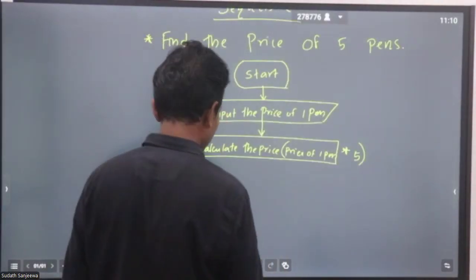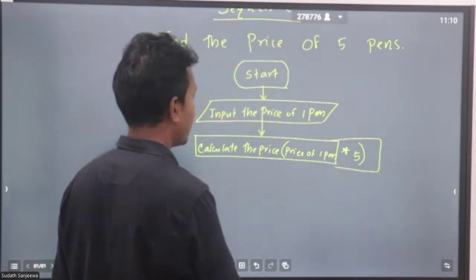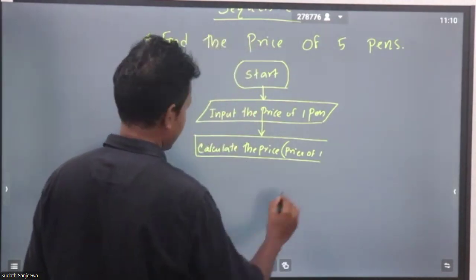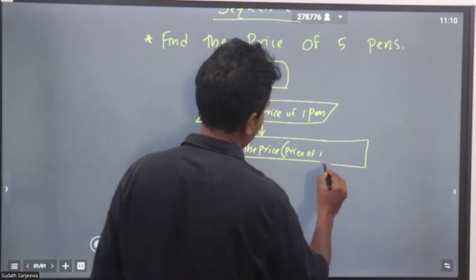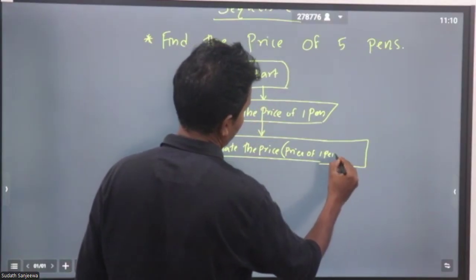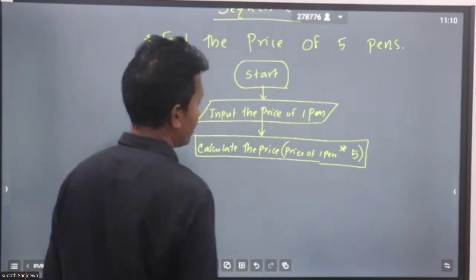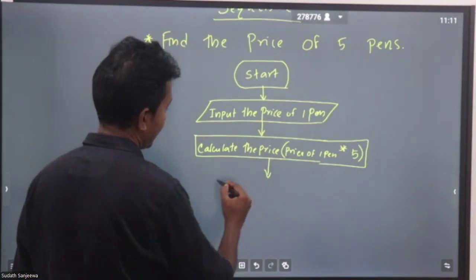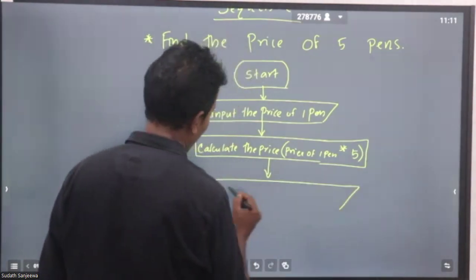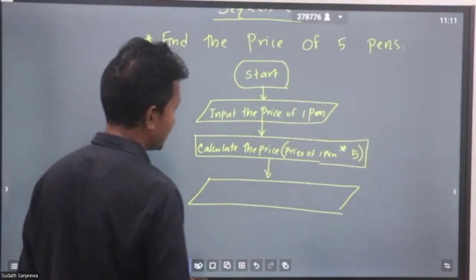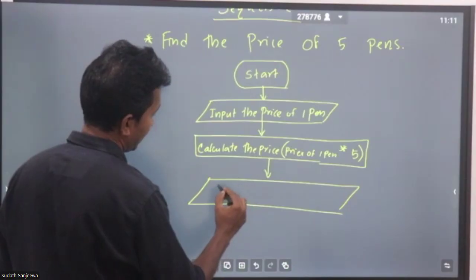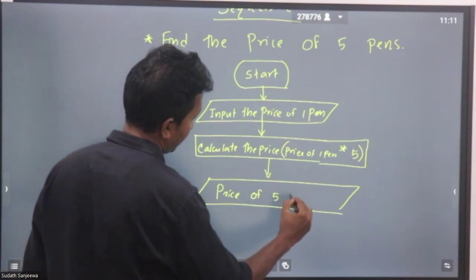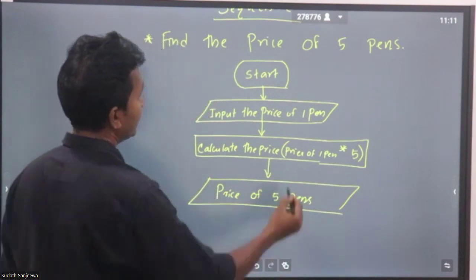That is our process. Finally, we get the answer, the output. Display the answer. Finally, we get the price of 5 pens. That is our question.